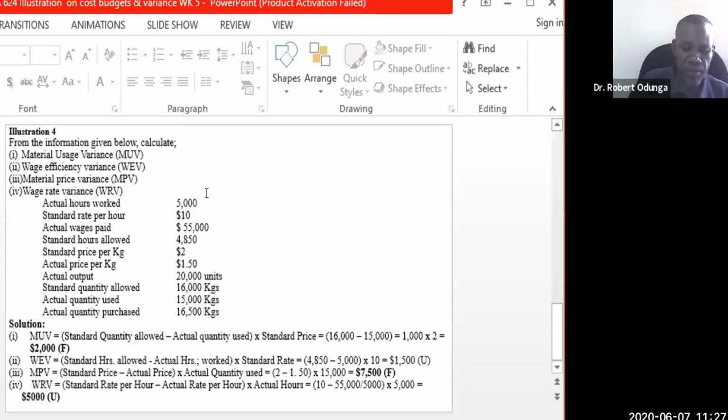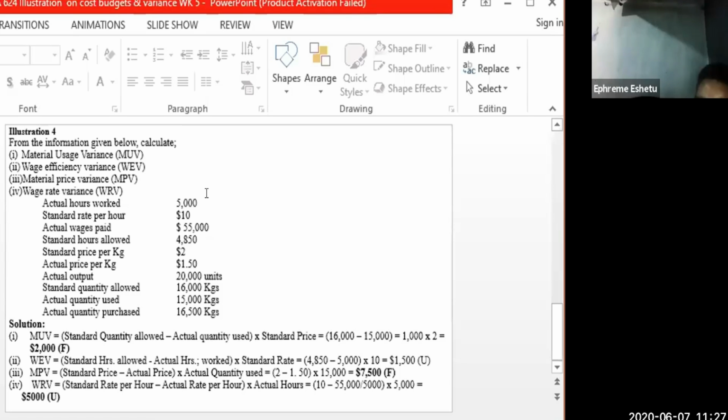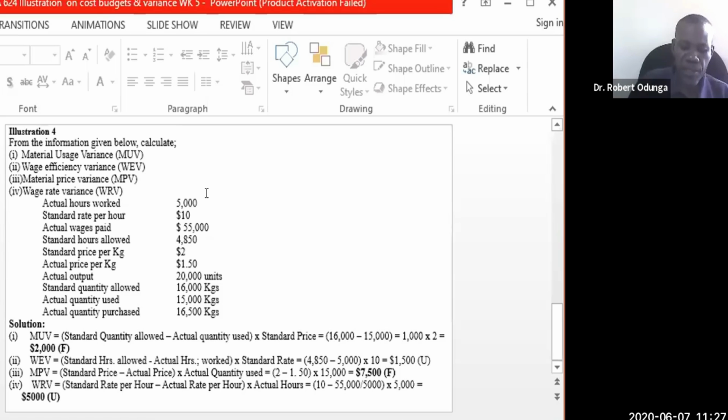Actual quantity used is 15,000 kgs. Actual quantity purchased is 16,500 kgs. Okay, so you've been given a lot of information there that will help you determine these variances.